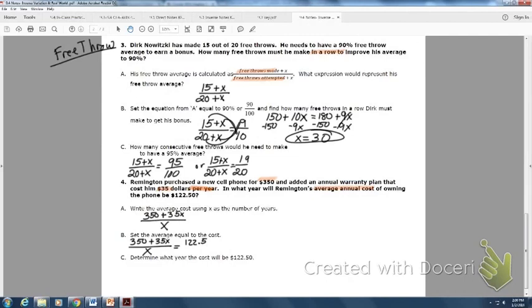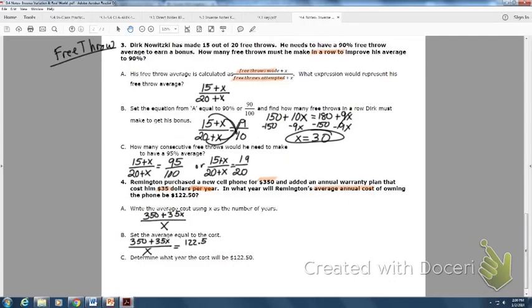Now, if it helps you to cross multiply, you can. Or you can just know that if I'm dividing by x on the left, to get rid of that, I just need to multiply both sides by x. If you want to put 122.5 over 1 and cross multiply, essentially you're just doing the same thing.